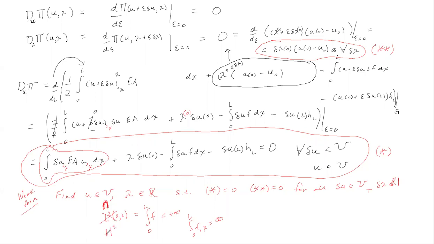Remember, H1 is the Sobolev space where f plus f comma x has to be controlled. And that's why we introduced H1. So U, we're going to say it has to be in H1, and that's a classical space for second order differential operators.